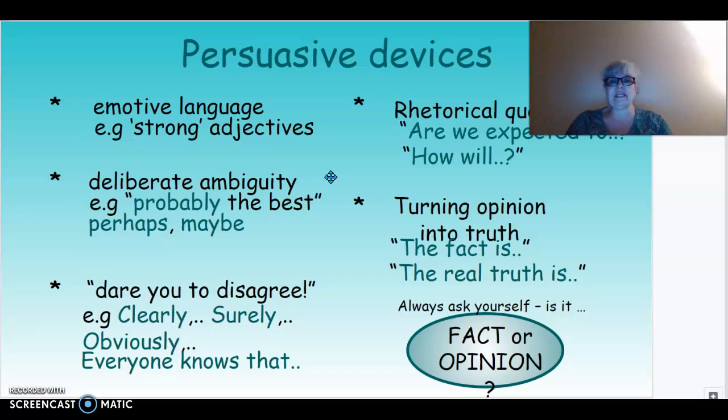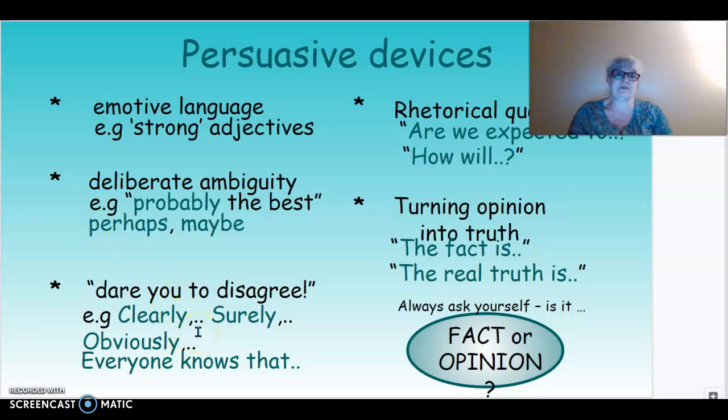Deliberate ambiguity: probably, perhaps, maybe, because in this case, you're not telling them an absolute fact. You're giving your opinion here, okay? And so, dare you to disagree. Clearly, she used that one in one of the third paragraphs in the piece that we read before.